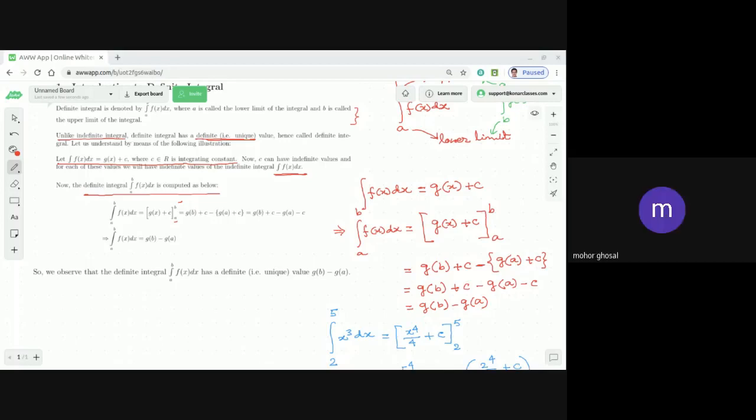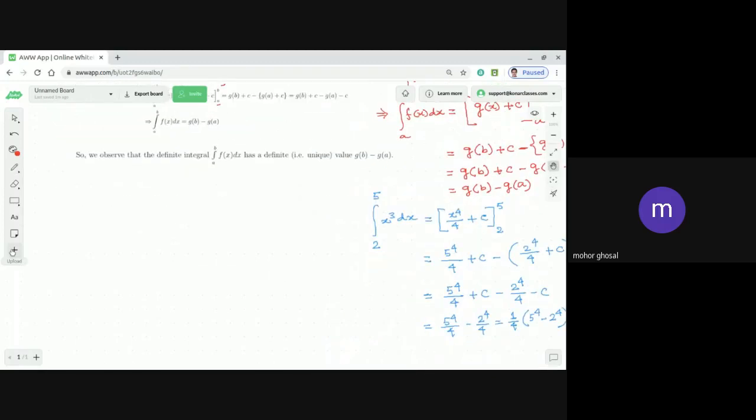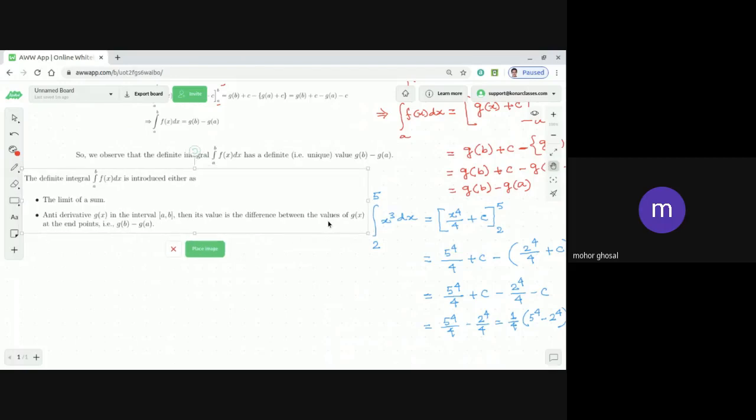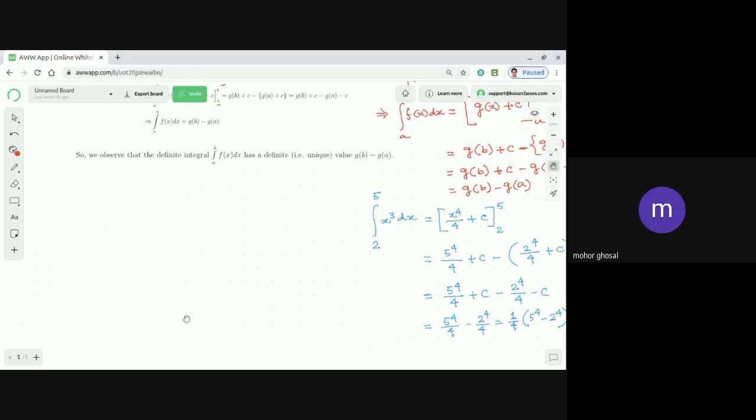So then what we see is that the definite integral a to b f(x) dx is introduced either as the limit of a sum.